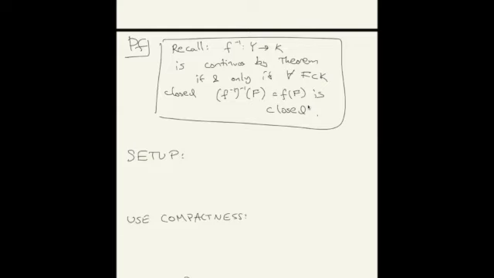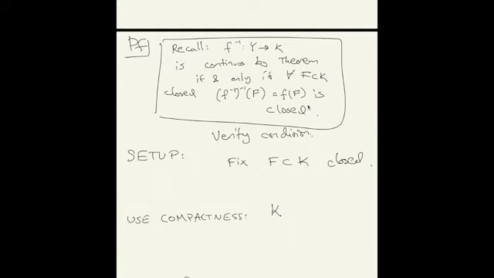So, okay, our setup is, we want to verify the condition. Let's fix a closed subset F of K. We have to use the compactness somehow. How we use it is we want to go back to our previous theorem that images of compact sets are compact.